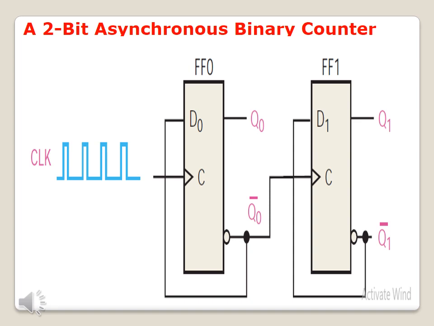See the diagram, the clock signal is there. Now see this output Q1. I will give numbering to the flip-flops here: Q1 bar, T1, Q0 bar and T0.